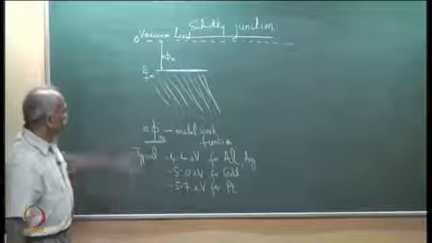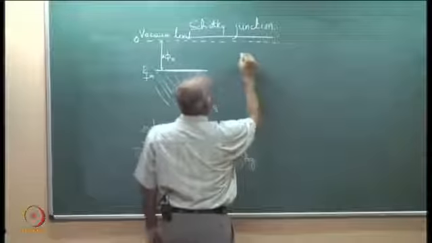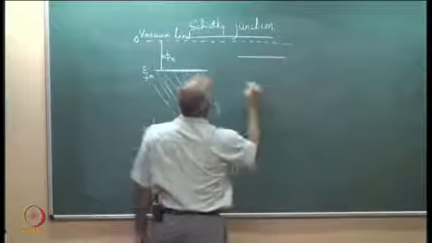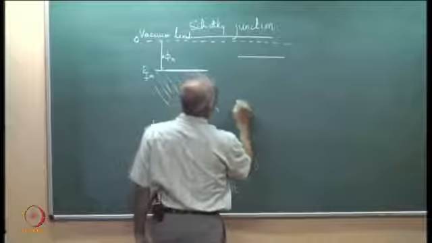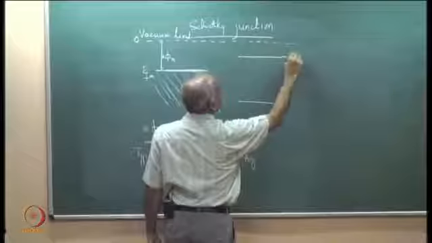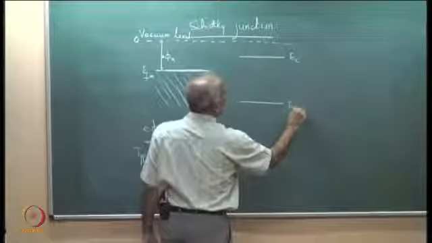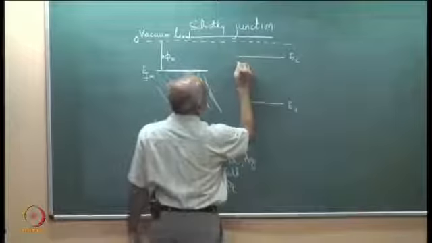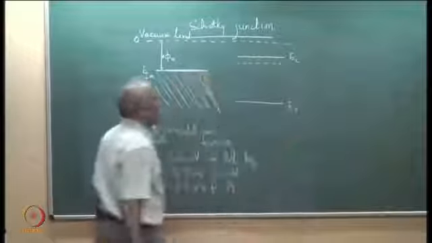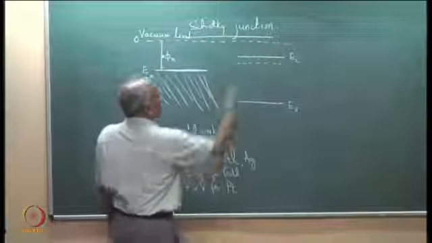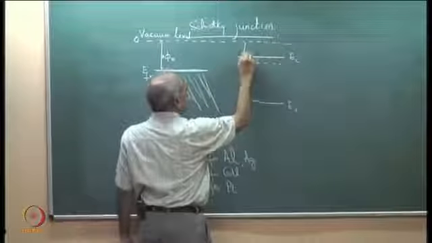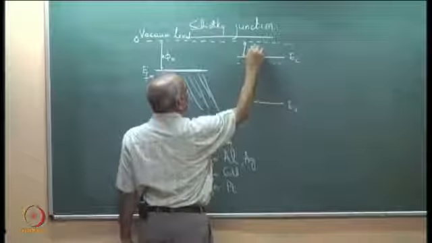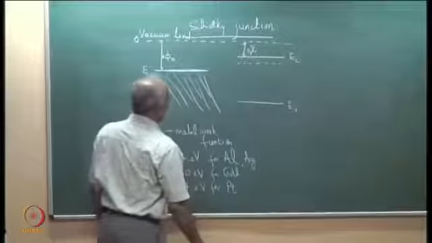Let me draw a semiconductor here. EC, EV, and EF somewhere. If it is n-doped, then EF is here, and this energy is called the electron affinity, E chi.